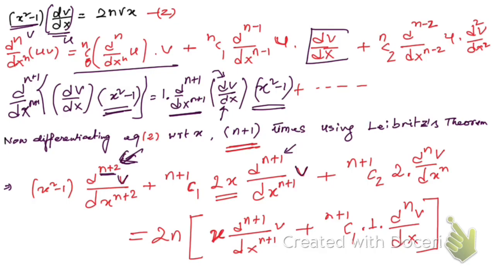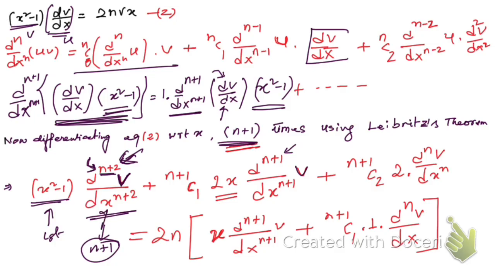So as we are differentiating with respect to x n plus 1 times, here we have taken the derivative of v of order n plus 2, and we haven't differentiated this term initially. Then in the next term we should take the first order derivative of this, and we need to take the n plus 1 order derivative of this term, right?